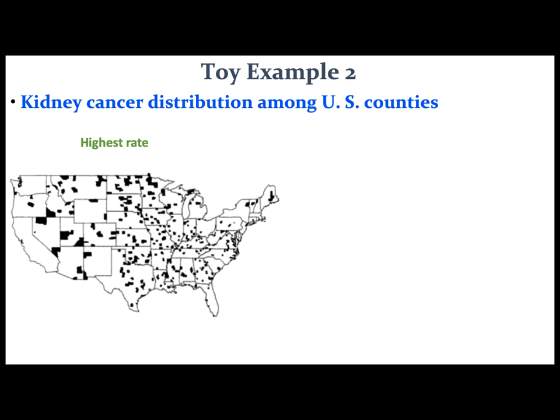You may notice those counties are mostly in less populated regions, usually not in metropolitan areas. Why do those rural areas tend to have really high kidney cancer death?